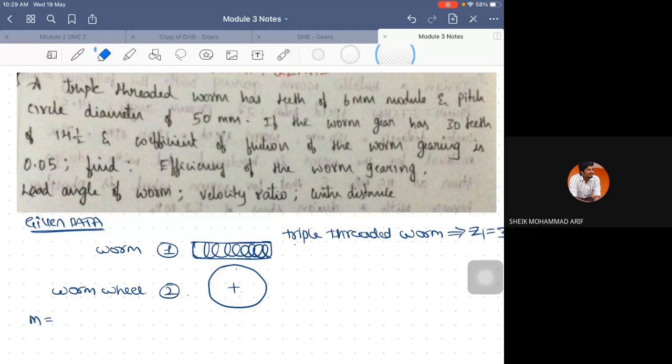So a triple threaded worm has teeth of 6 mm. He has given, just a minute.